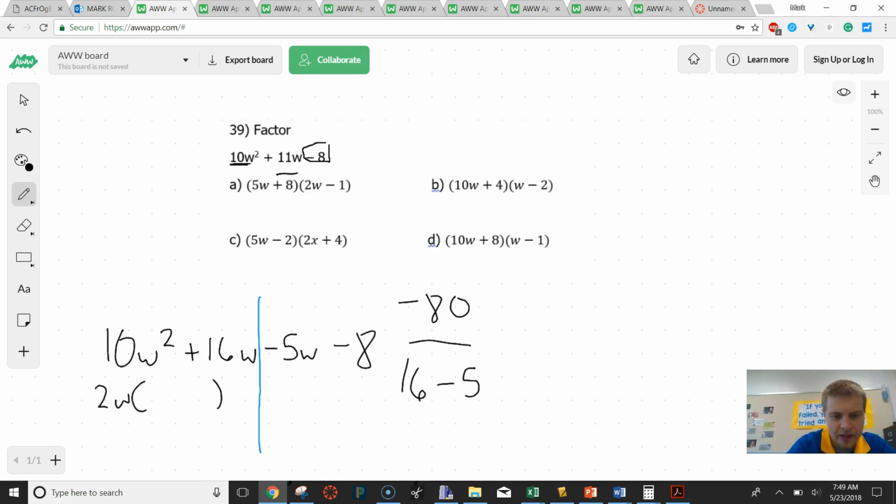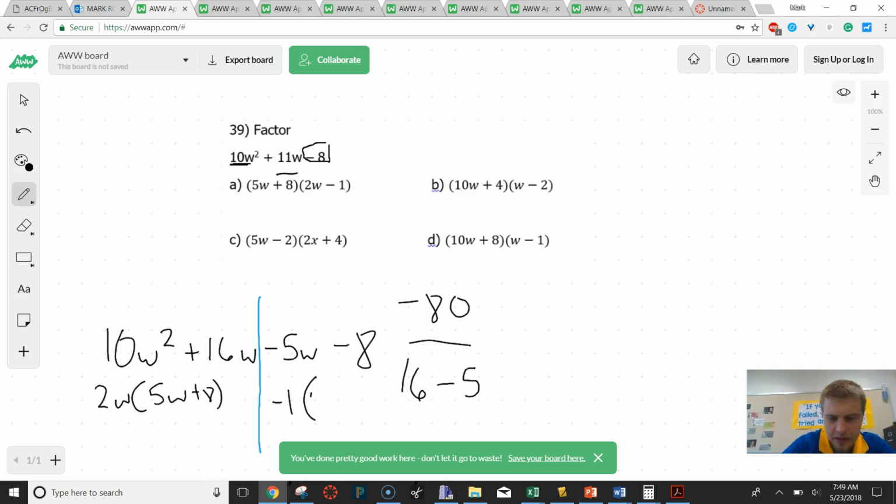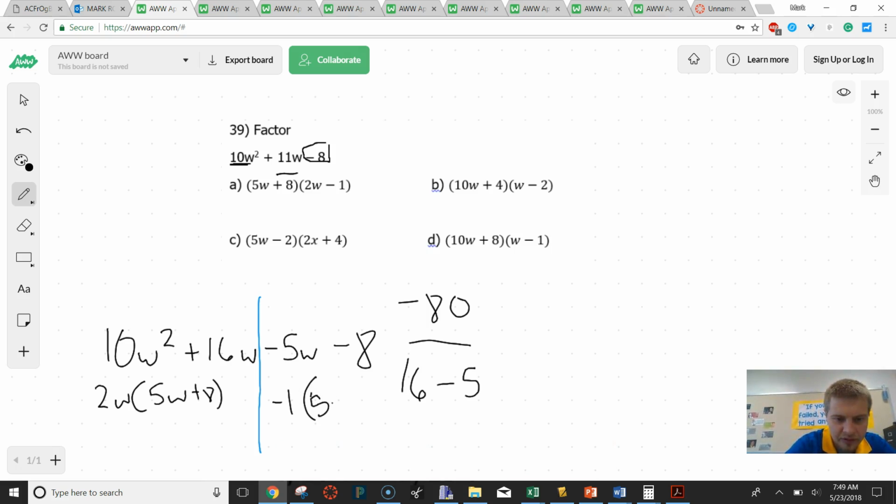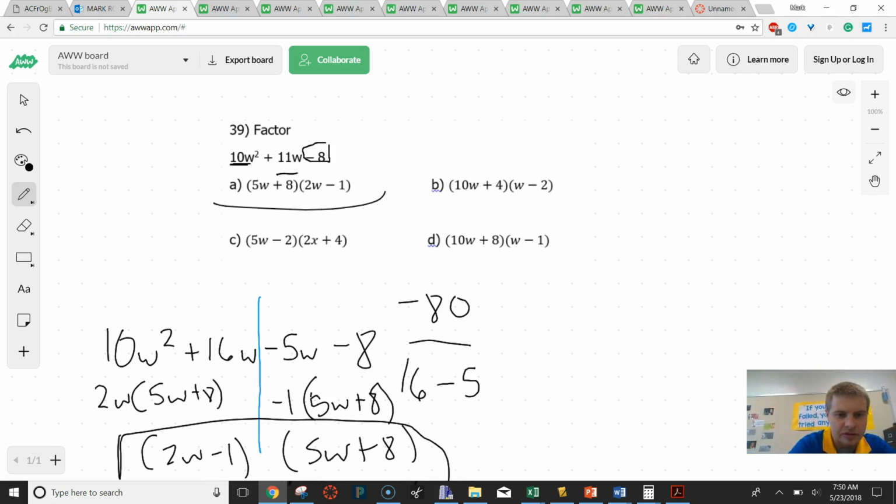I'm going to factor out the like terms here, which is, well, there are no like terms, I guess I could take out a negative 1 because they both share a negative. And I'm going to notice what's in here is 5w plus 8. And what I'm going to notice here is 5w plus 8. And then this would be 2w minus 1. This would be 5w plus 8. And that would be my final answer. So it would just be A.